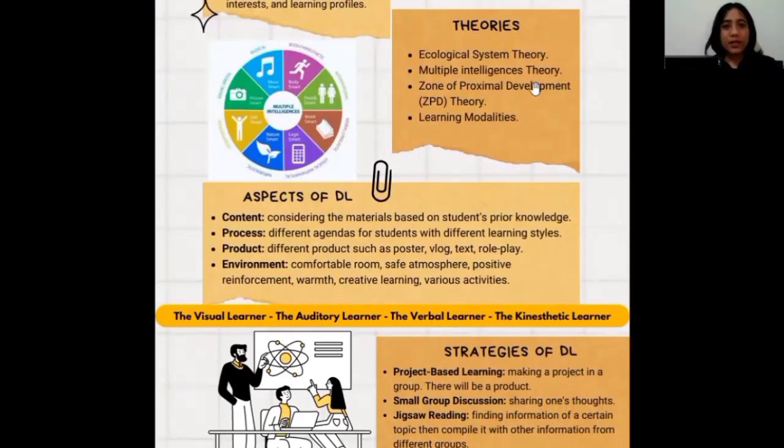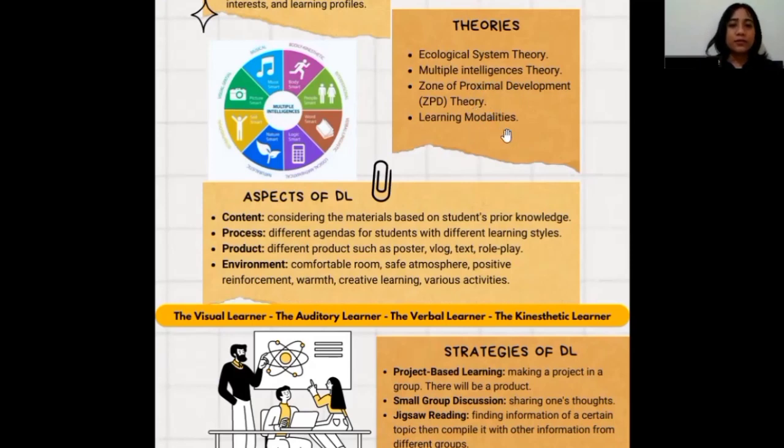The first one is ecological system theory by Bronfenbrenner. This is about social context, where according to this theory, the place where the student lives will affect their development.